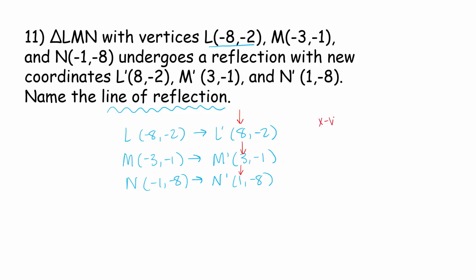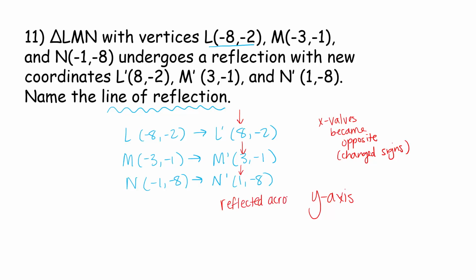So since the x values all became opposite, or they changed signs, what do you think happened? We reflected across the y-axis. So this is reflected across the y-axis. So it's kind of the opposite. If the x changes signs, we're reflecting across the y-axis. If the y changes signs, we're reflecting across the x-axis. All right, try some on your own.